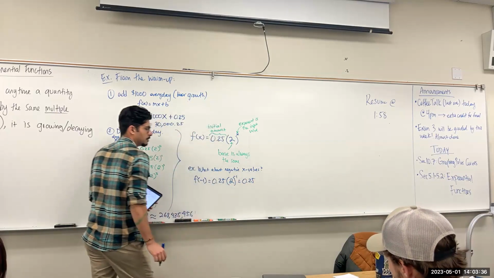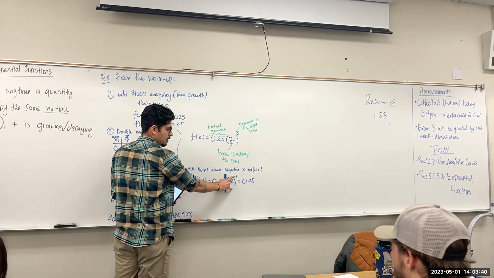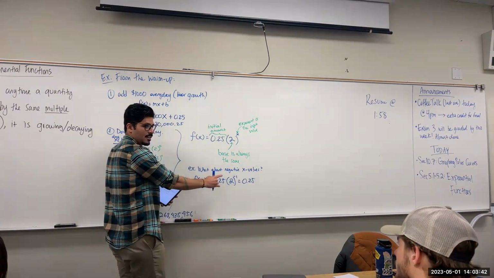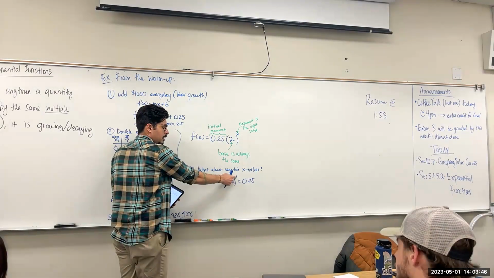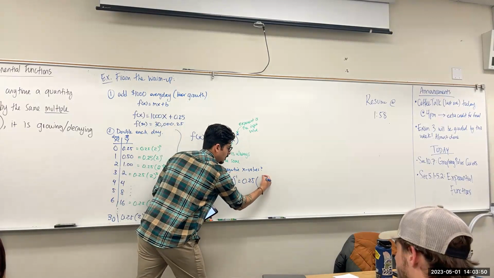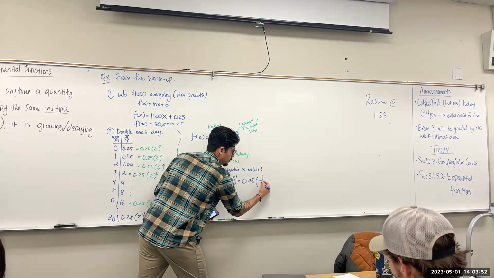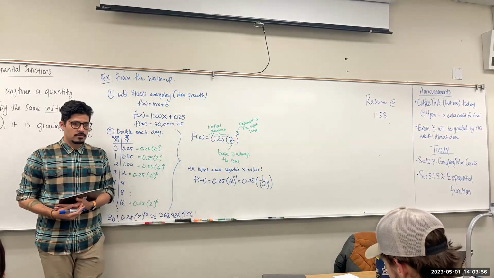How can I rewrite it without a calculator? Whenever you have a number raised to a negative exponent, you write it as a reciprocal: 1 over 2, but now that power becomes positive. We're going to go over that.